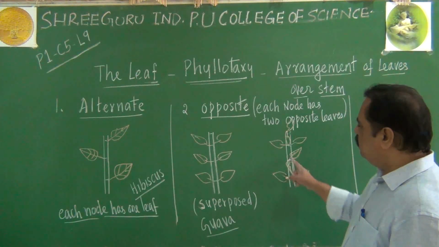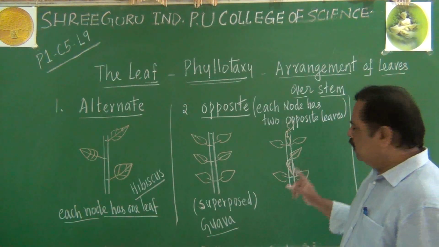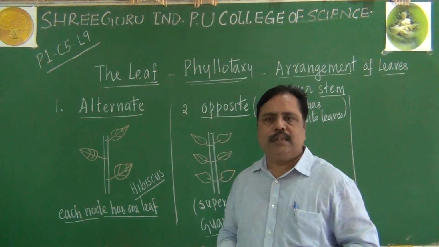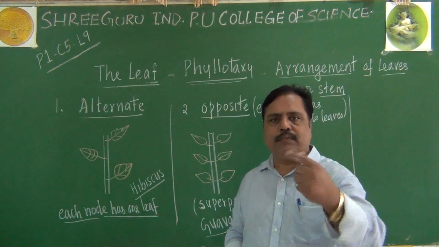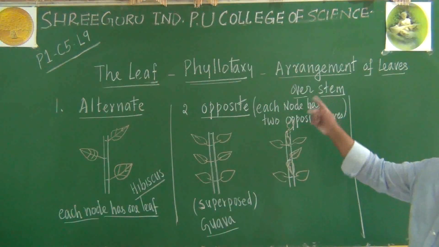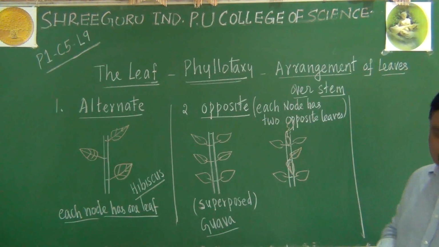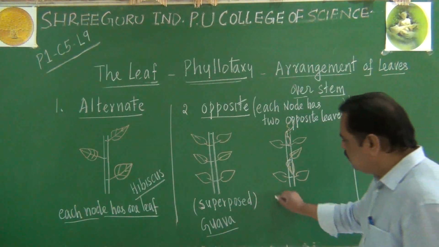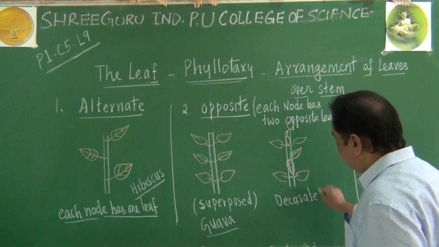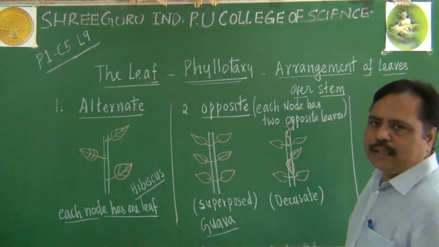Here first node will be different from second node. If first node has got leaves east and west, second node will have leaves north and south. Again east and west, north and south. Like that they will be arranged. Such a variety is known as opposite decussate type of leaf, it can be called.